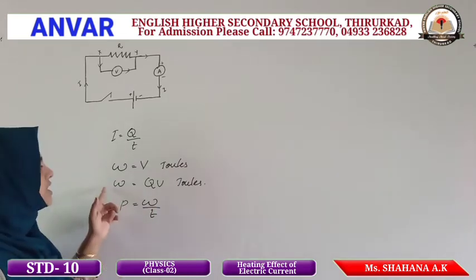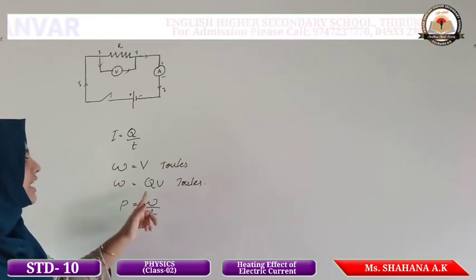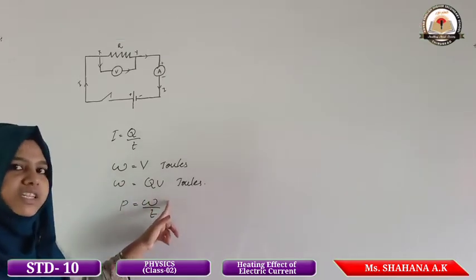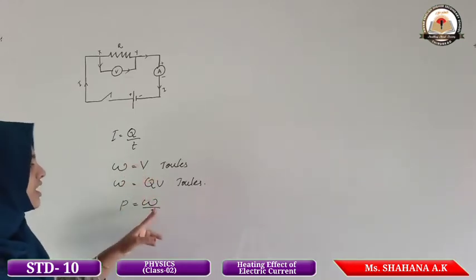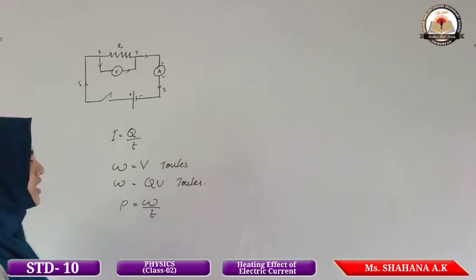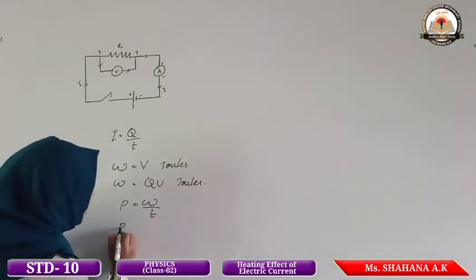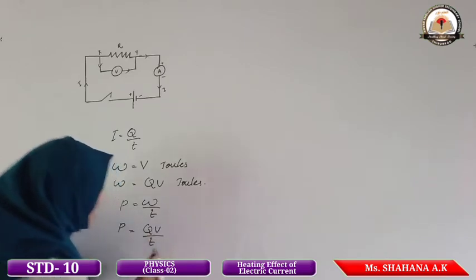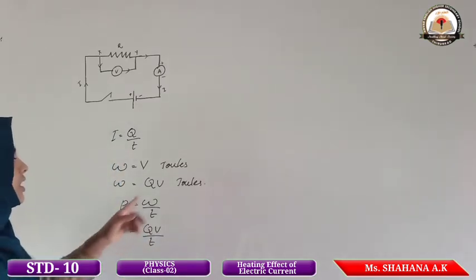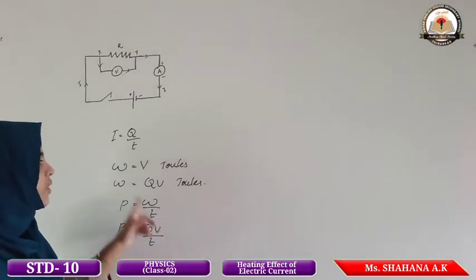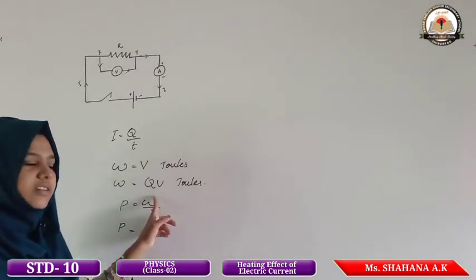Then here we got an equation for work, that is W is equal to QV. So we put that value in place of W in this equation. So the equation becomes P is equal to QV by T. Instead of W, we are writing QV that we got from this equation.